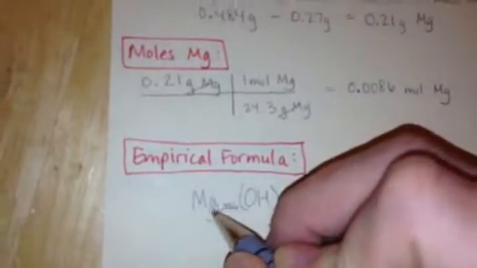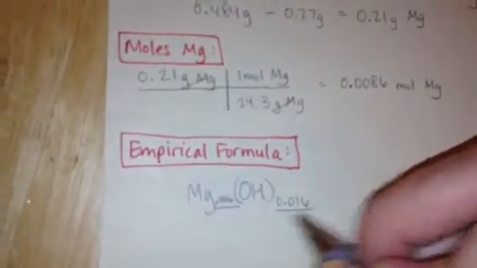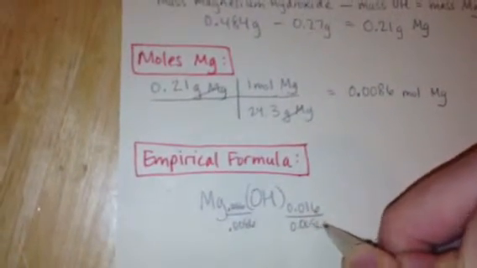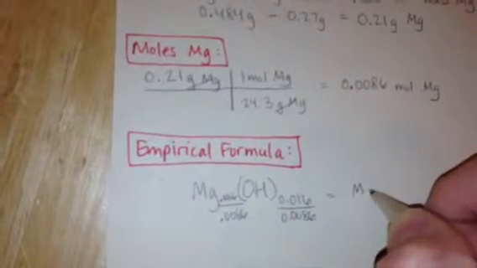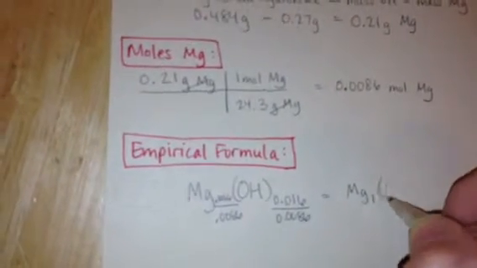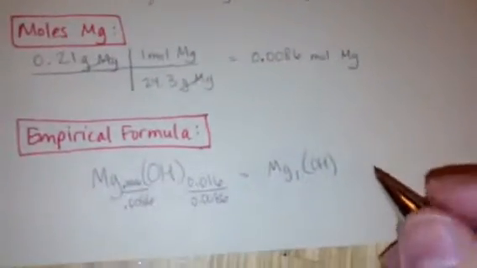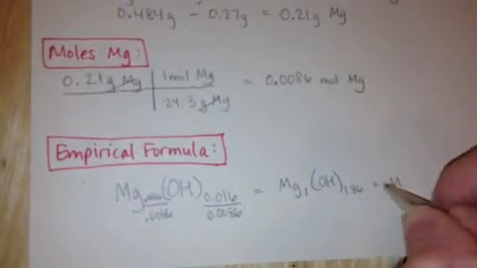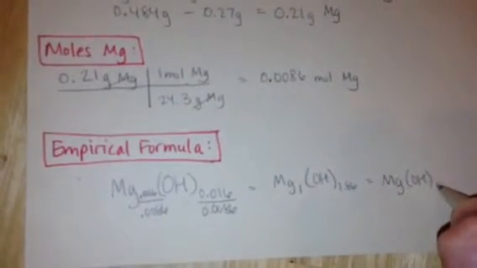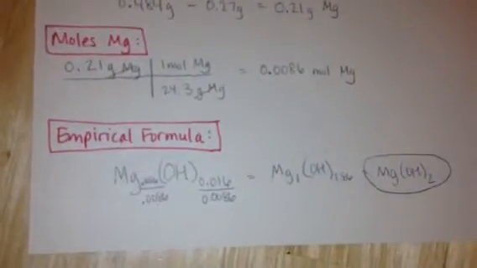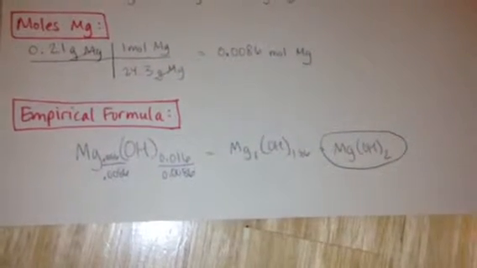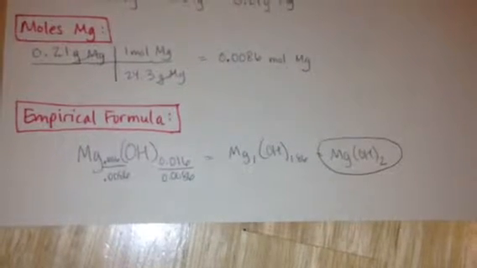And if you divide by your smaller number, which in this case is the 0.0086, you'll get Mg1 OH like 1.86 or so, which I'm going to say is close enough to 2. So I'm going to say Mg(OH)2 would be my empirical formula. That's the actual formula of magnesium hydroxide also, because magnesium has a +2 charge and hydroxide has a -1 charge, so it works out to balance the charges that way.